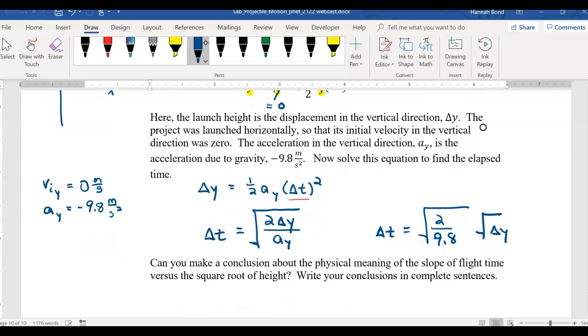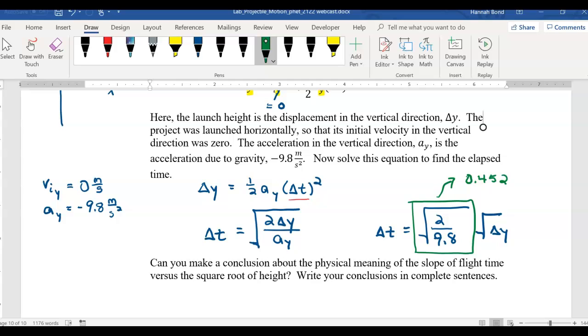So I want to explore this. What is the square root of 2 divided by 9.8? Let me get my calculator. So the square root of 2 divided by 9.8 equals 0.452.